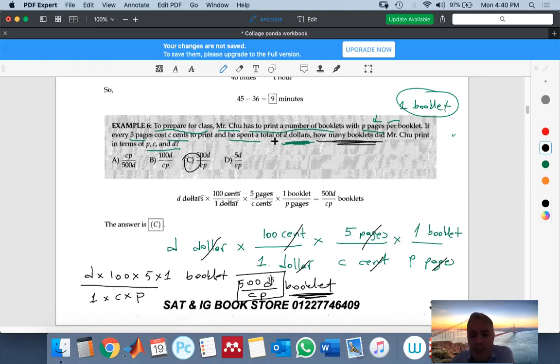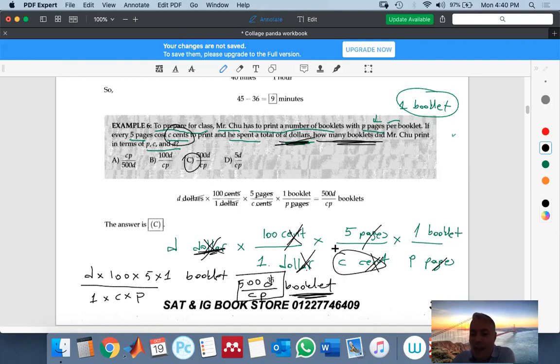Since I start the question with D dollars, here dollar must be down to cancel. So $1, and what can I write up? 100 cents. Also in the question it says C cents, so cent and cent will be simplified. $1 consists of 100 cents.